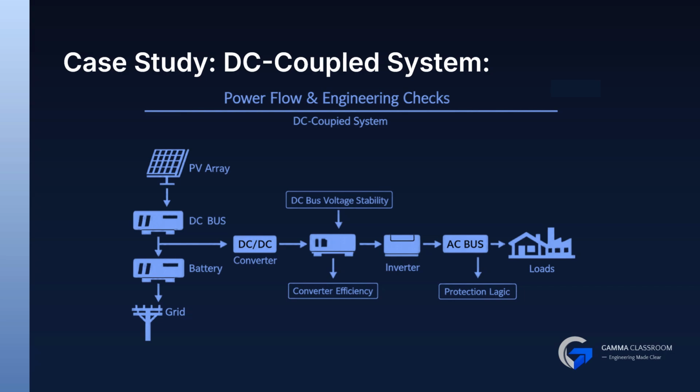Protection must account for DC bus faults, battery voltage ranges, and MPPT interactions. DC coupling is ideal for utility-scale systems focused on maximum energy capture.